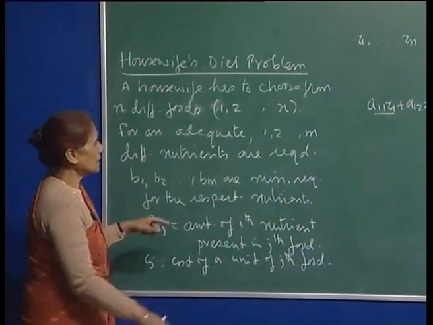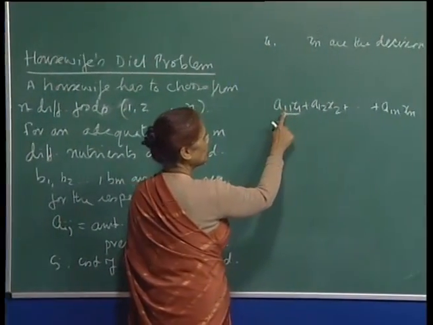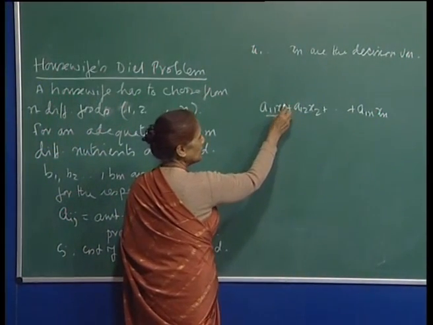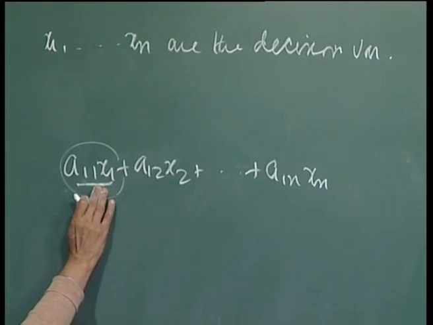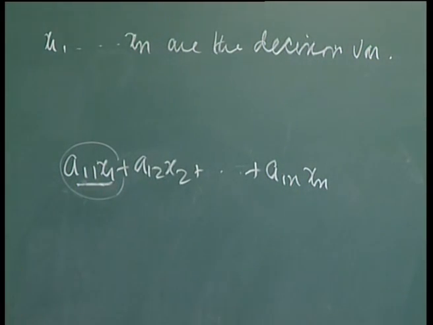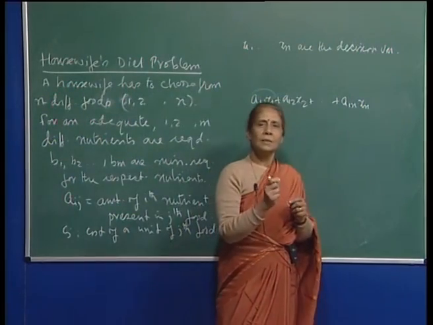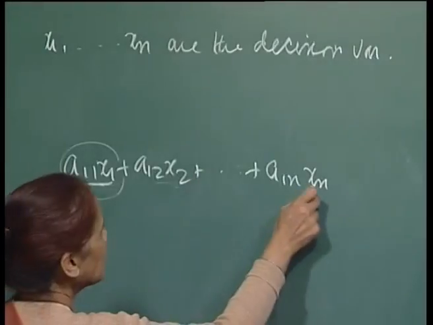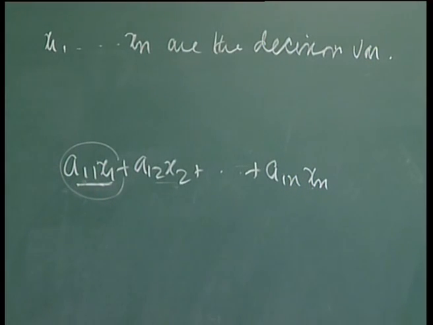So this tells me the first nutrient which is present in the first food. This will be the total amount of first nutrient that my first food gives me. Then this will be the amount of first nutrient that the second food gives me when I take x2 amount of it.